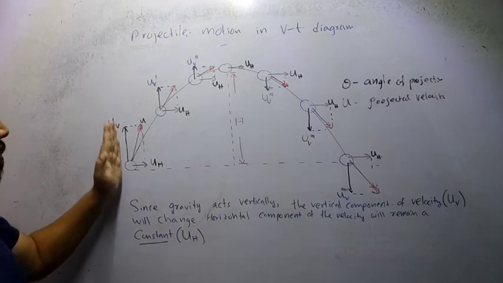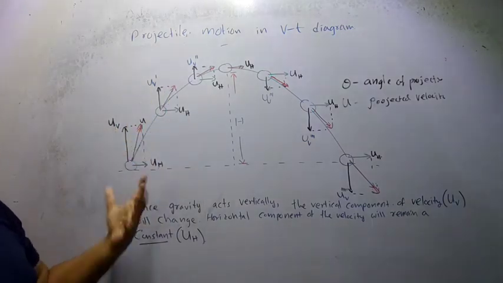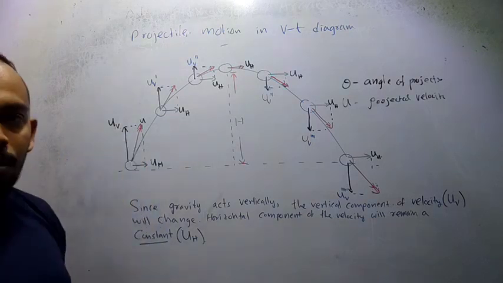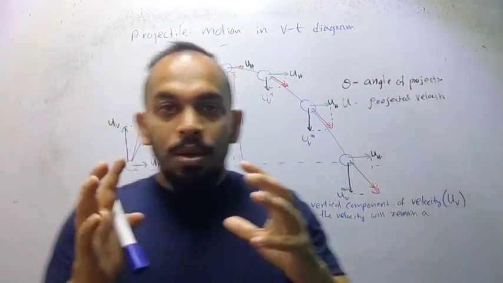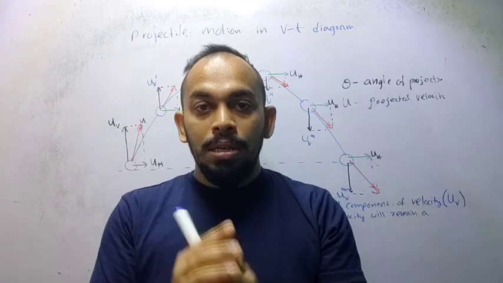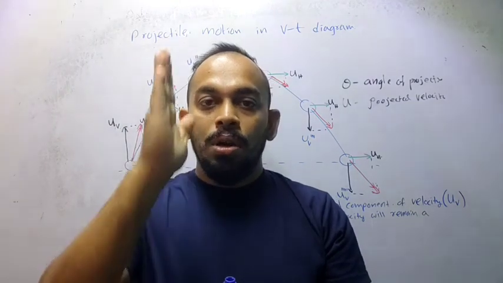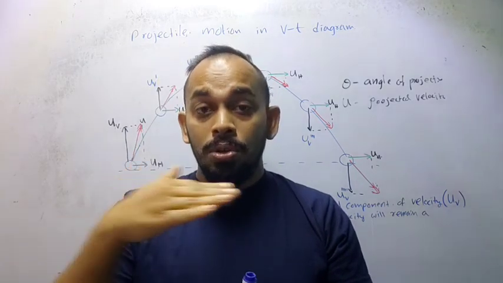If we change our perception of projectile motion, we can simplify this motion into two linear motions. So we can think of projectile motion as a combination of two linear motions, right? One linear motion occurs in the vertical direction, the other in the horizontal direction.